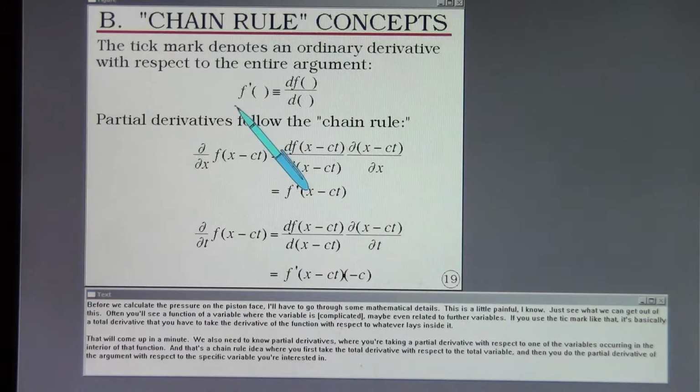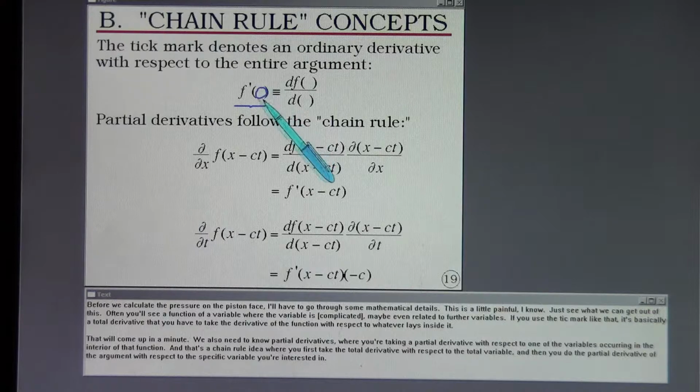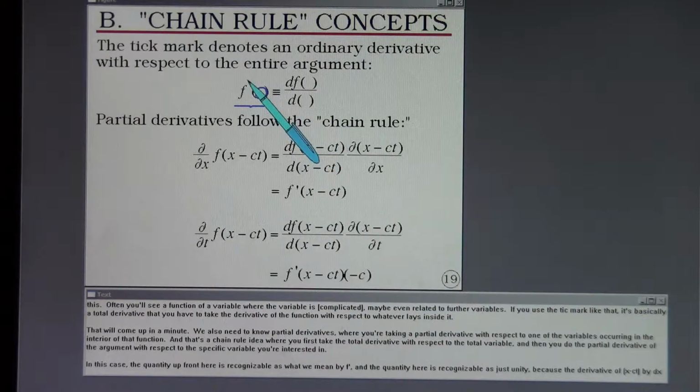Often you'll see a function of a variable where the variable is complex, maybe even related to further variables. If you use the tick mark like that, it's basically a total derivative, where you take the derivative of the function with respect to whatever lies inside it. That'll come up in a minute.